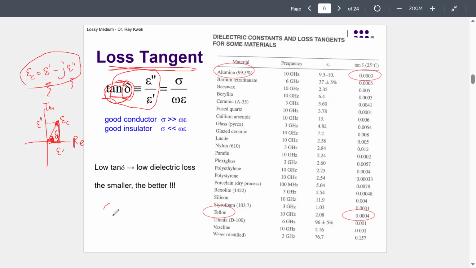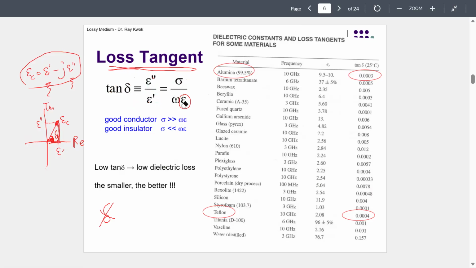Later on, when you see a delta, you know this delta is not the loss tangent delta. Loss tangent includes the tangent delta altogether. I know epsilon double prime is sigma over omega, so loss tangent is also sigma over omega epsilon.